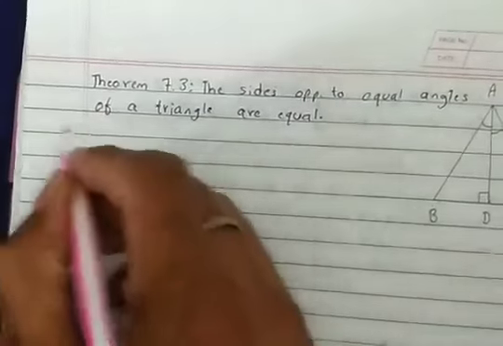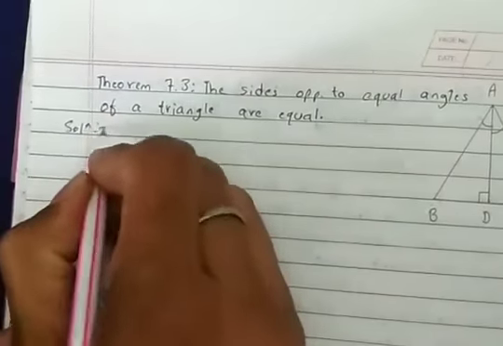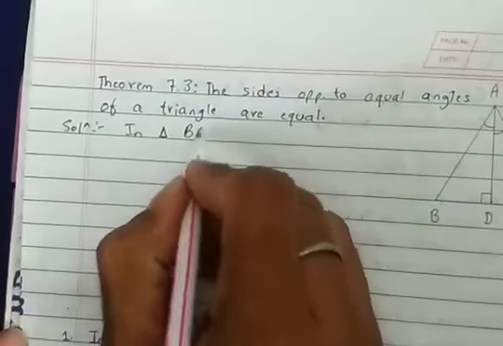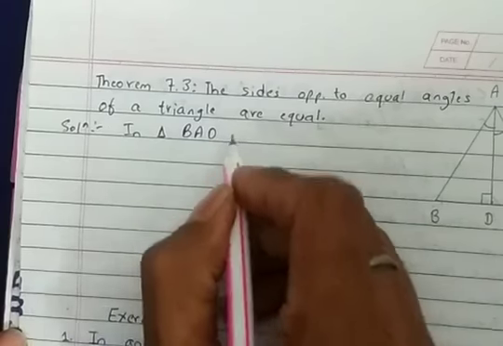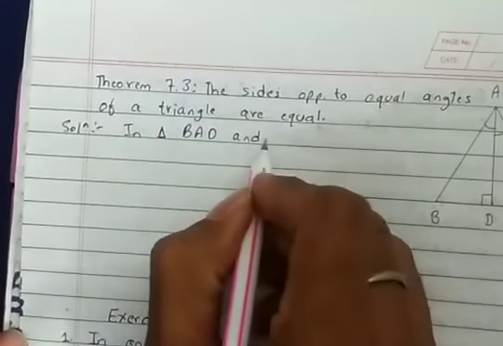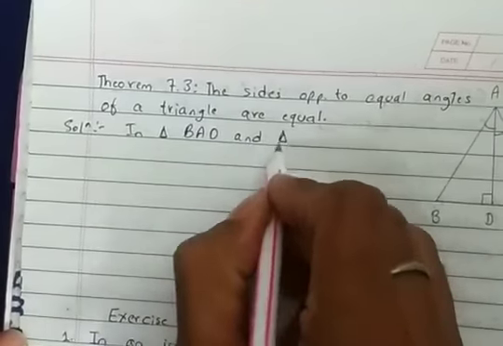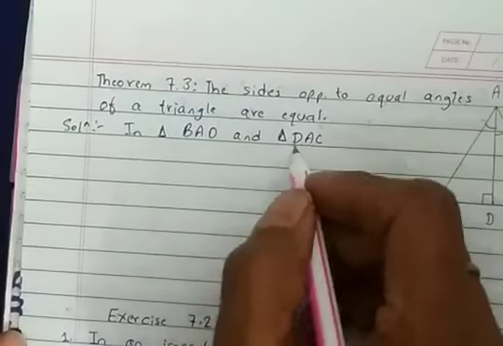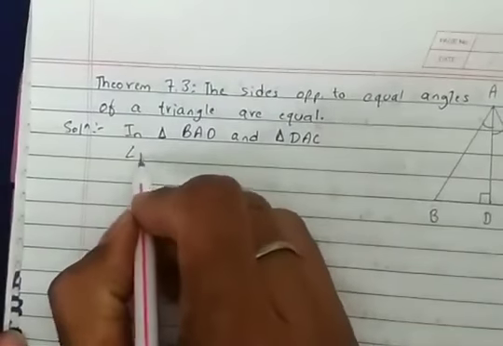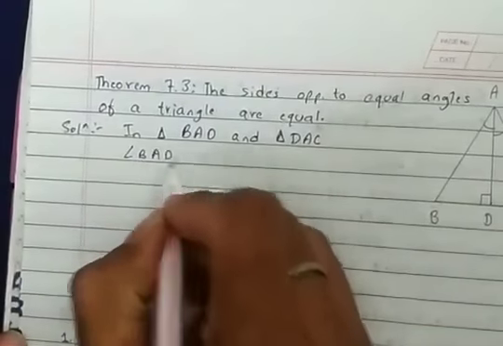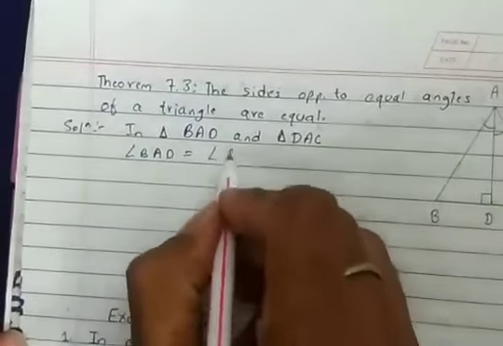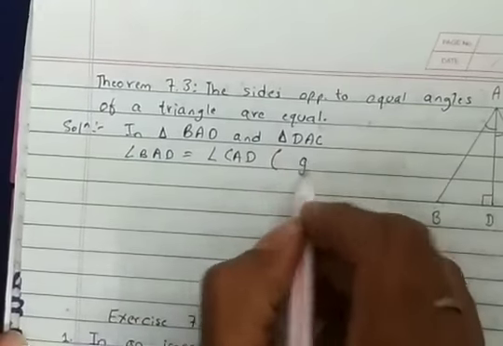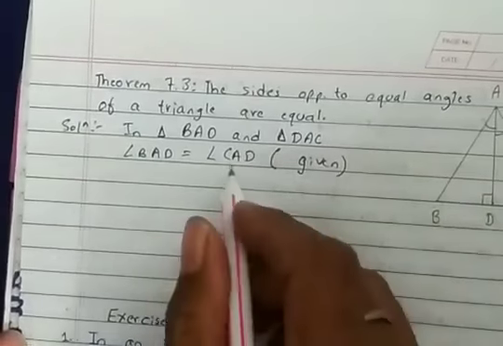So now how will we solve this? In triangle BAD and triangle CAD, angle BAD is equal to angle CAD, because this information is given.